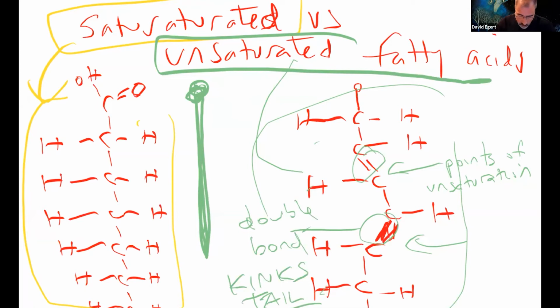So when I draw one of these, it tends to look more like this if I'm drawing it as a cartoon. And this is going to have implications for what happens when you make triglycerides with saturated fatty acids versus unsaturated fatty acids.